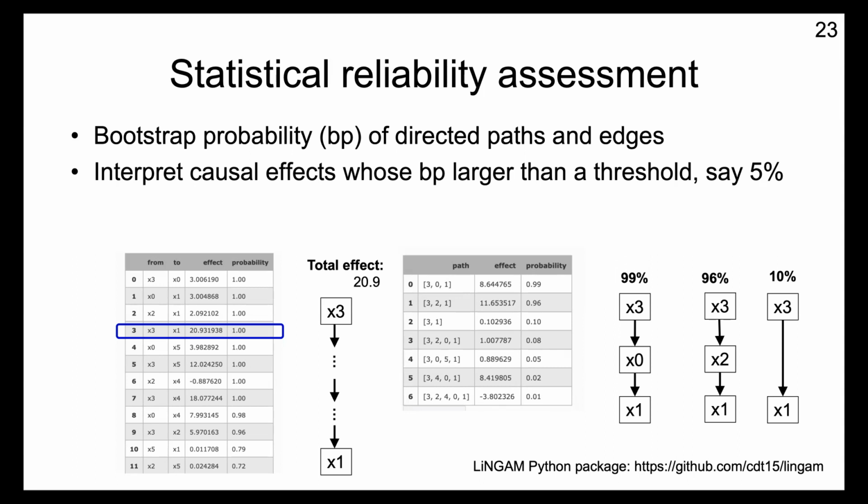So then pairs of variables with larger causal effects would be more promising candidates to change the values of the effects.